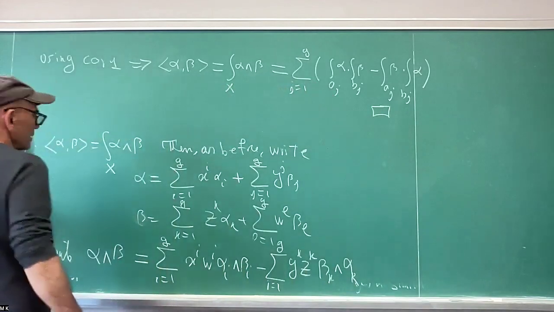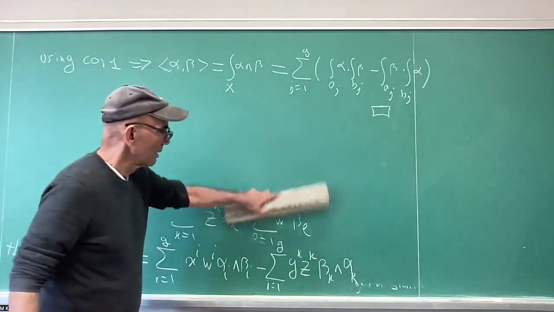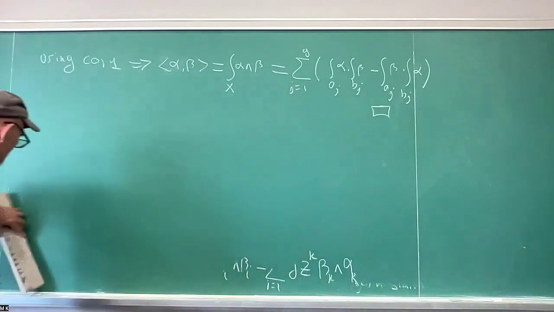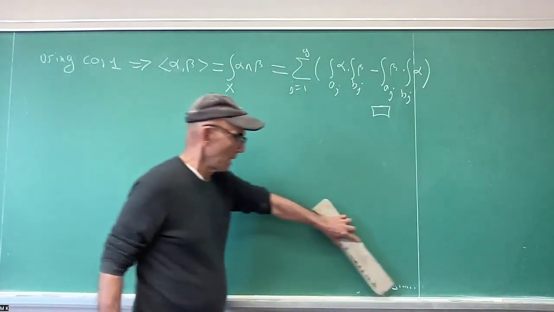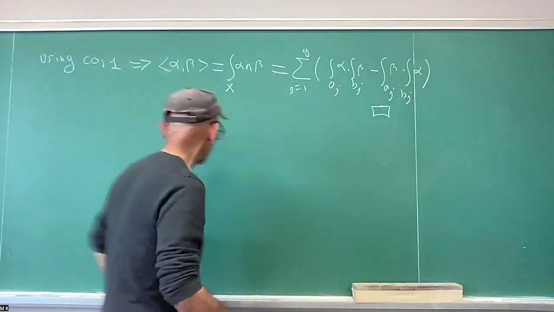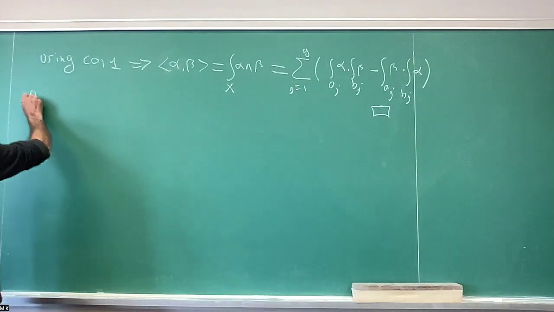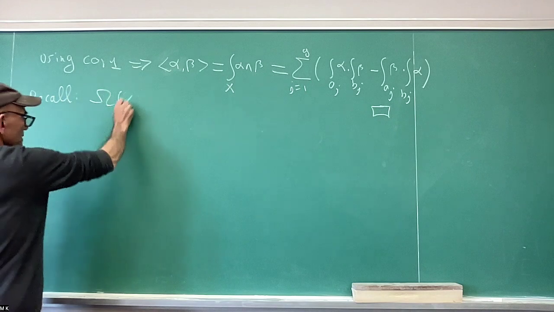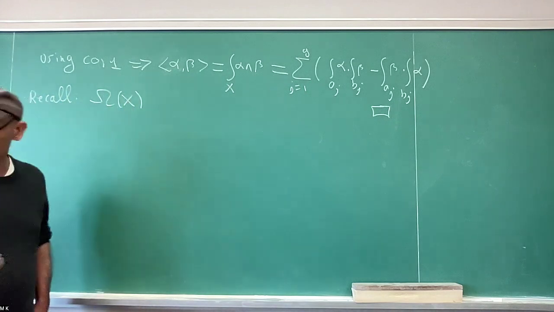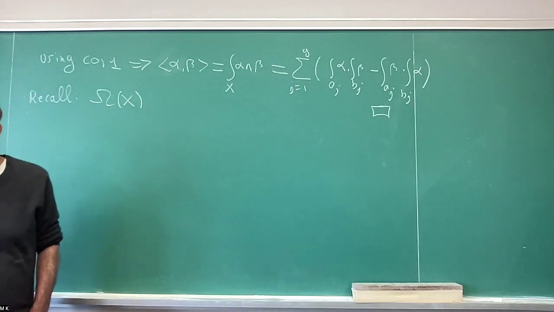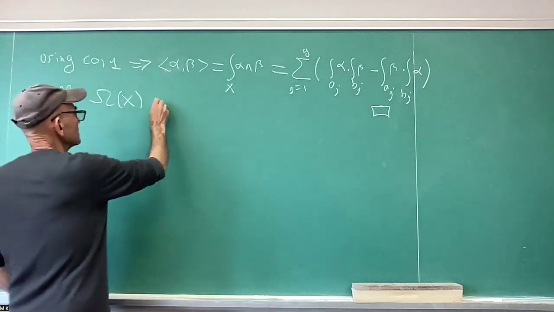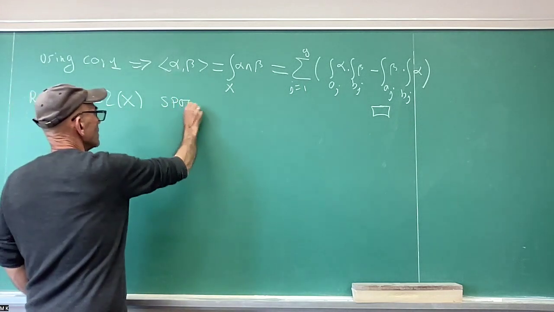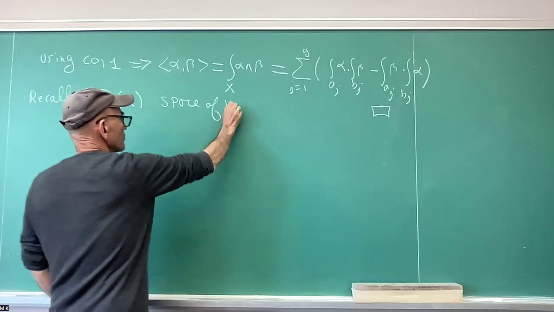Now let's refresh our notation a little bit. Omega of x was our notation for the space of holomorphic one forms.